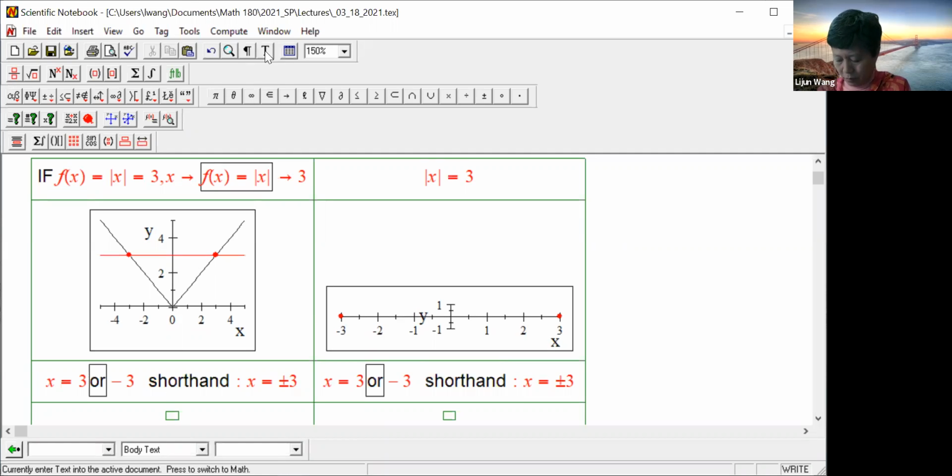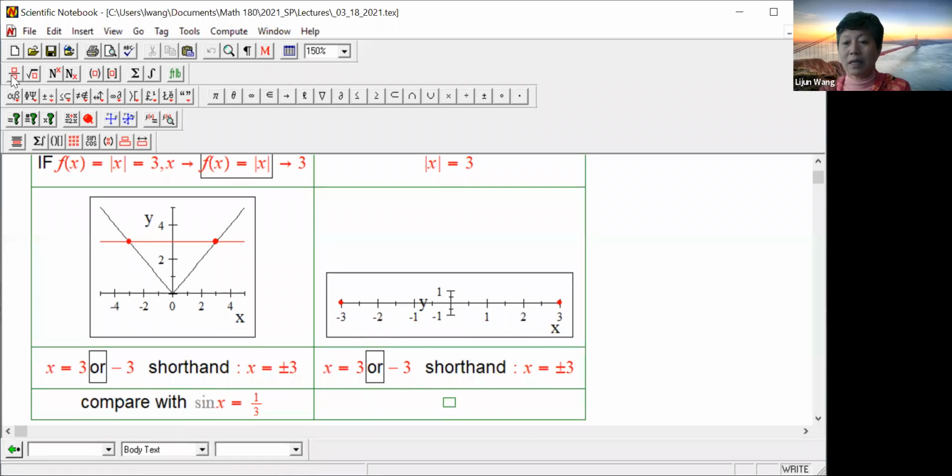Compare with sine x equals 1/3. What is that interpretation? Do you still remember? What does it say?